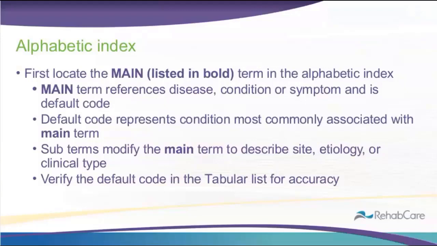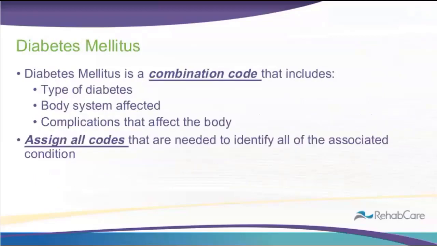And then you have subterms that modify the main term that describe the site, the etiology, and the clinical type. So you verify that default code in the tabular list for accuracy. You start in the book, you go to the alphabetic, then you go back to the tabular area to look under the body system that you're referring to.